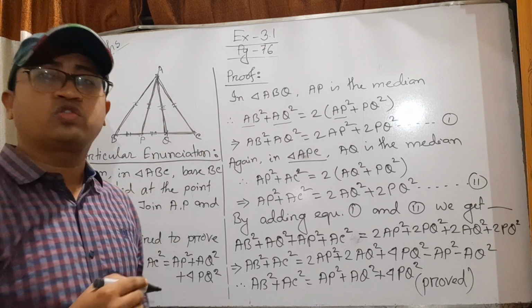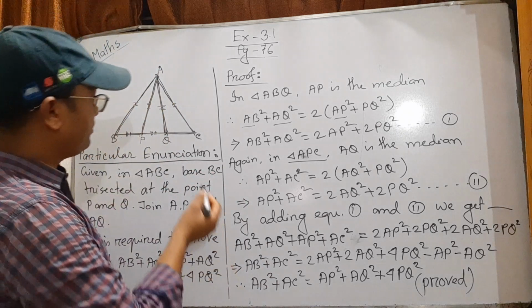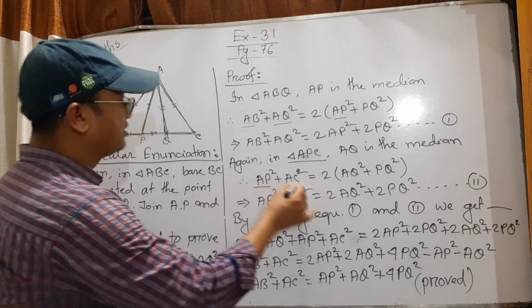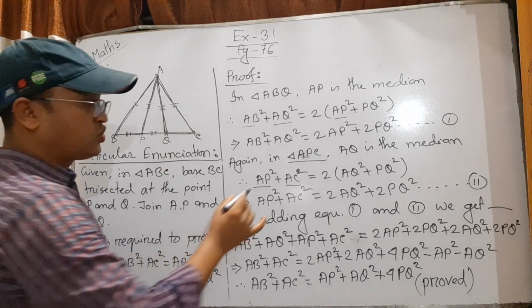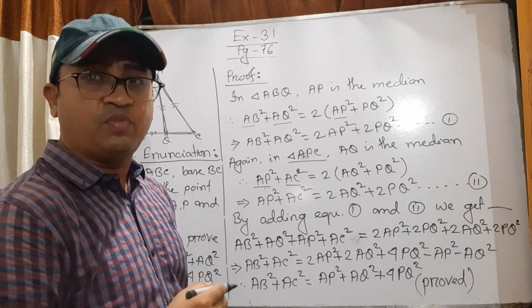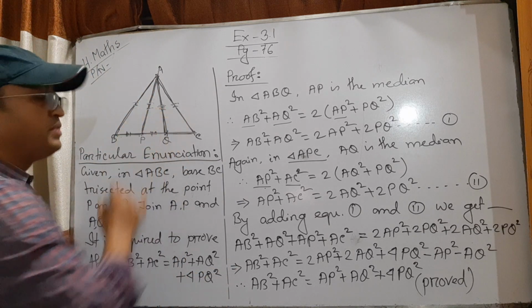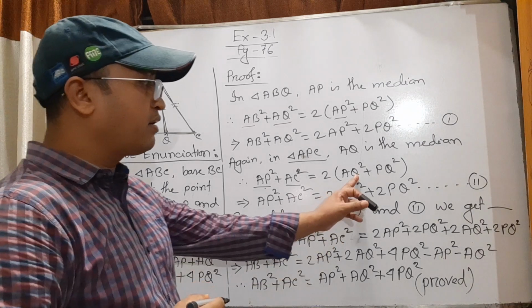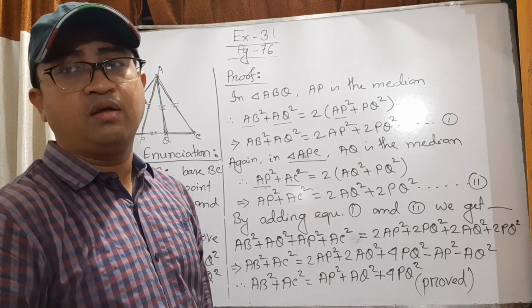So here we can also apply the Apollonius theorem. That is, the sum of any two sides. So what are the two sides? AP and AC. So AP square plus AC square equals twice the sum of the areas drawn on the median. What is the median? AQ is the median.